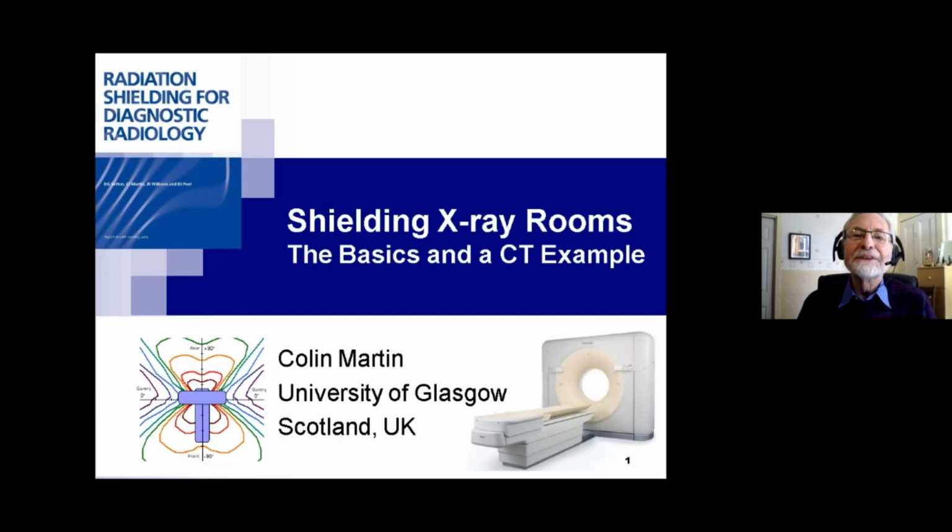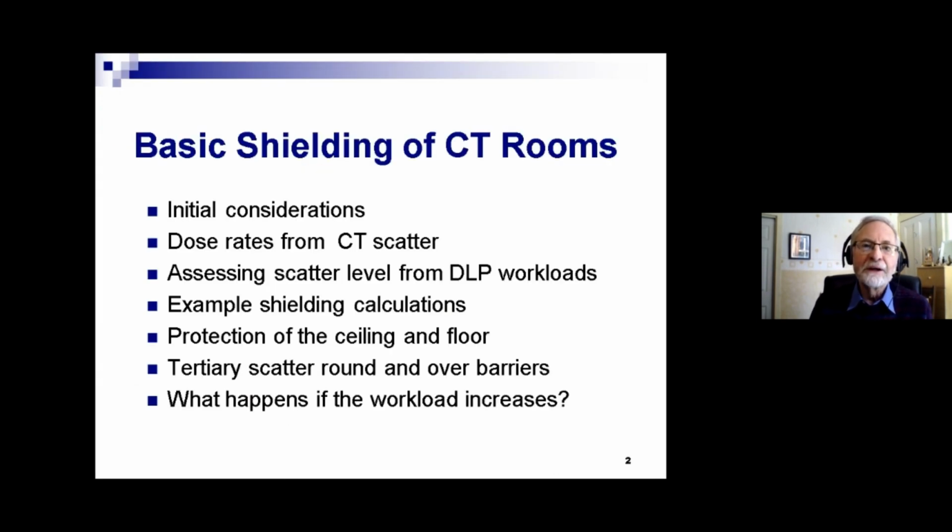I'm going to talk about, as David says, applying a similar methodology to the assessment of scatter from CT and evaluating the shielding. I'll say something about the initial considerations and the dose rates from scatter. In order to get scatter, we need something similar to KERMA area product in radiography and fluoroscopy.